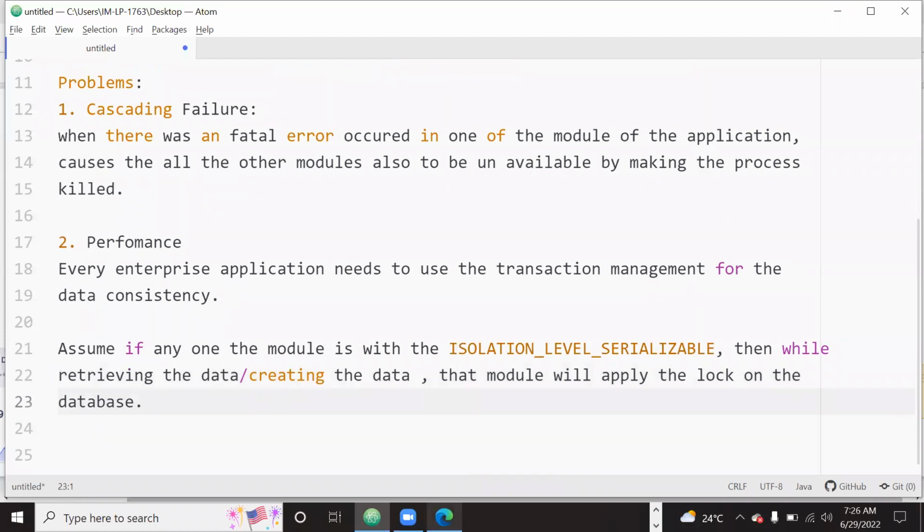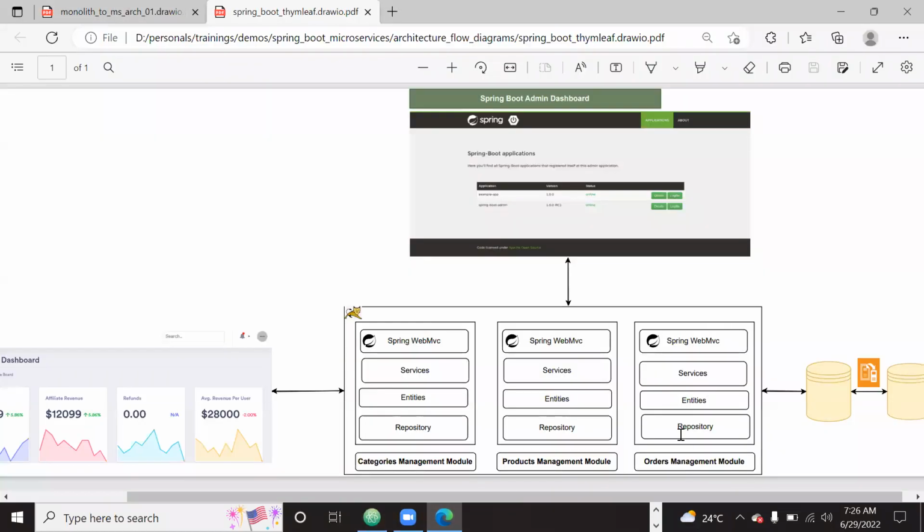That means what? Assume the orders management is using the isolation level serializable, that is, the transaction definition's isolation level is serializable. While this orders management is retrieving the data or creating the data in the database, it will apply the lock on the entire database.